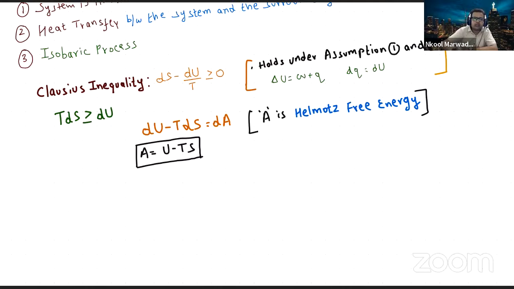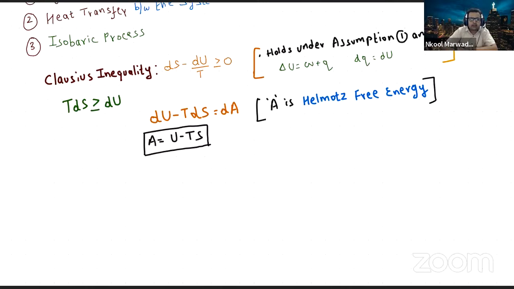So this was one set of analysis. Now we will do another set of analysis. This one I will call A, and now we will discuss B. Once again, we will get back to the Clausius inequality.